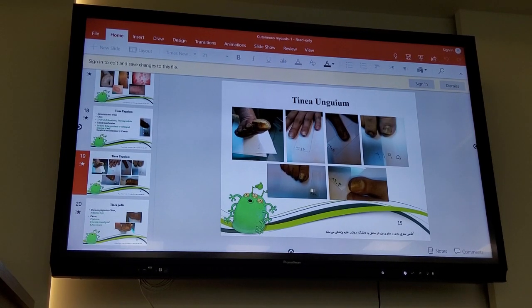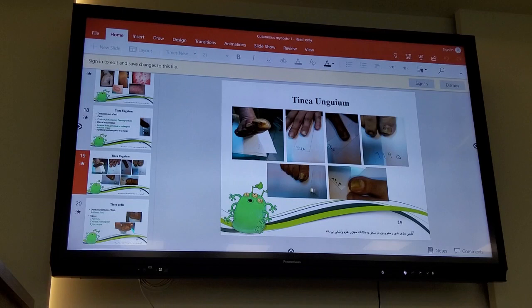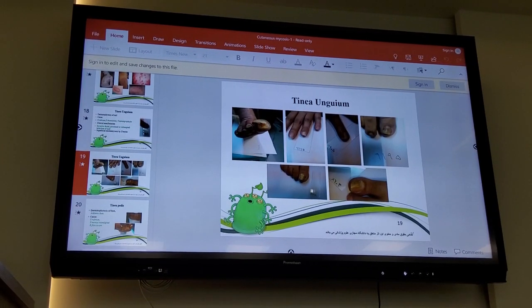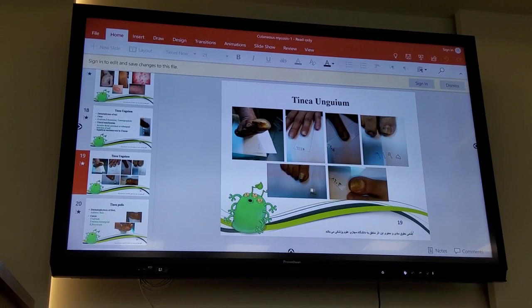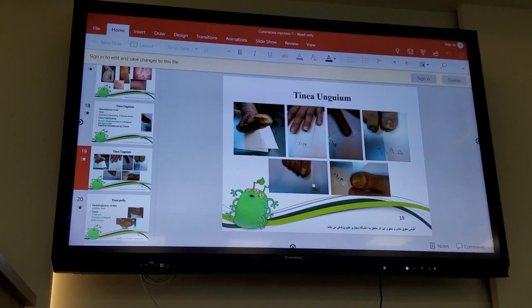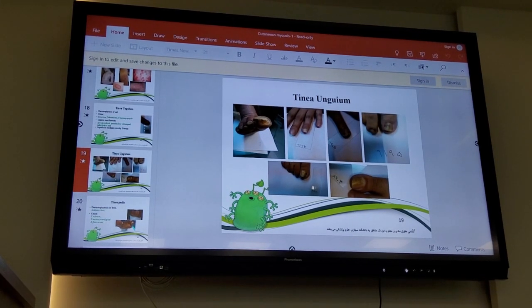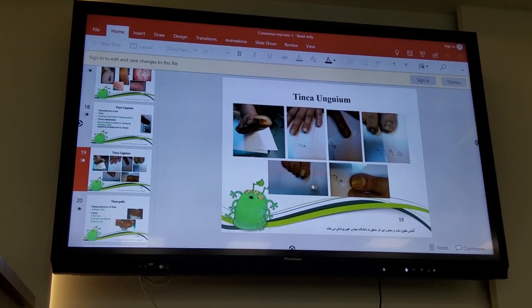In the laboratory, we must first detect whether onychomycosis has occurred or not. A physician must be able to tell whether this disorder is onychomycosis or not.